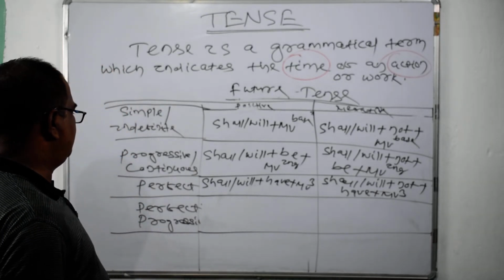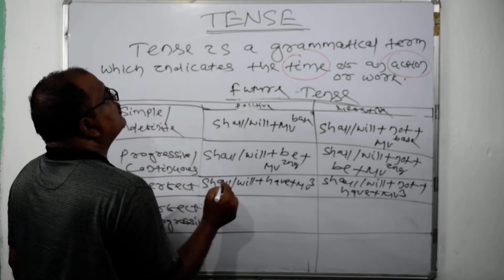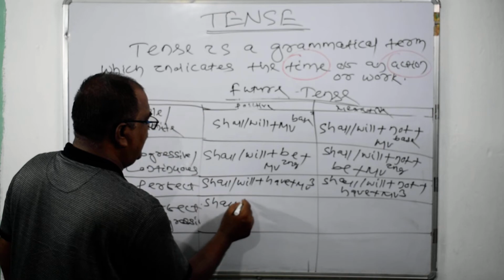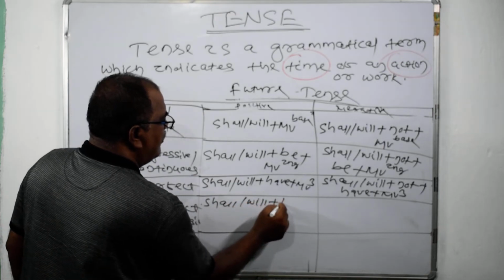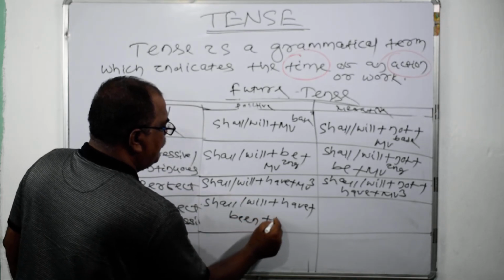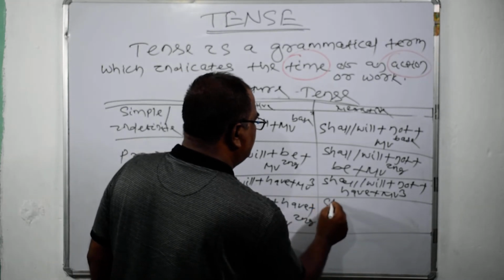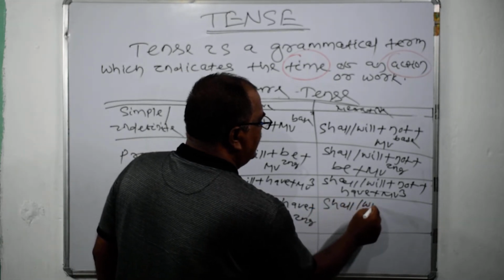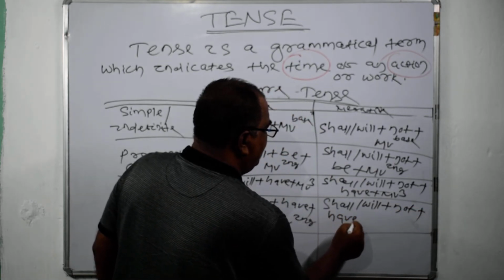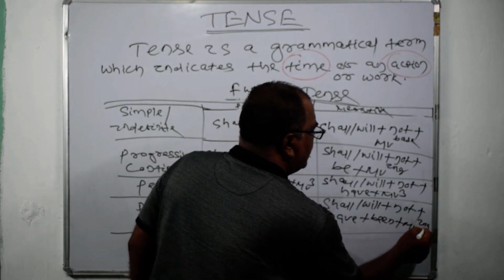The last one is future perfect progressive. Its positive form is shall or will plus have plus been plus MV ing. Its negative form is shall or will plus not plus have plus been plus MV ing.